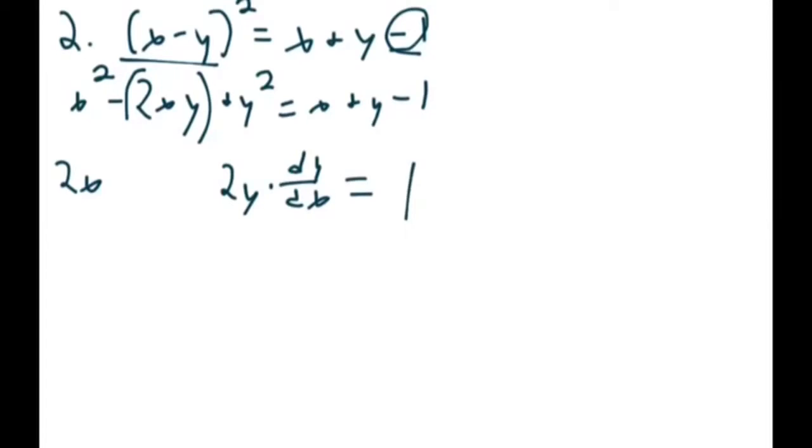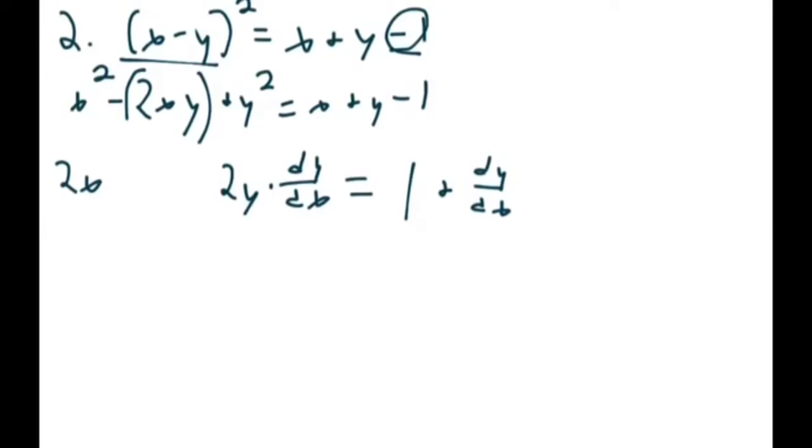Derivative of x is simply 1. Derivative of y is dy over dx, and the derivative of negative 1 is 0, because the derivative of every constant is always 0.